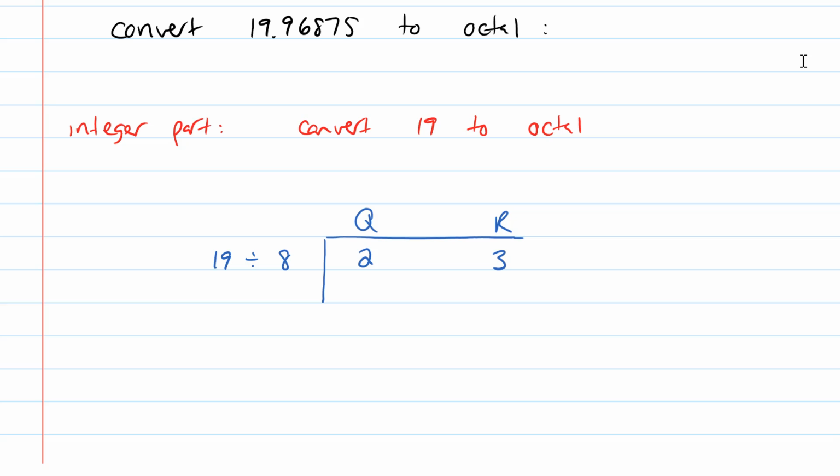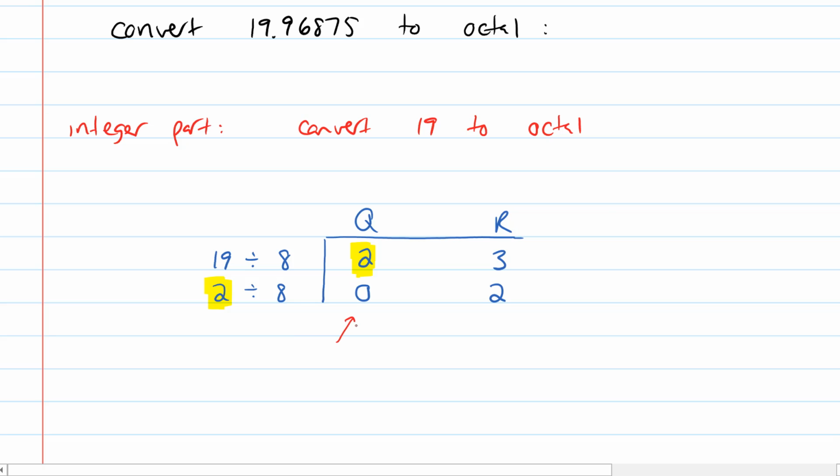You should never have any fractional or decimal entries in either of these columns. Then take the quotient, the 2, and write it over here to the left. That's the thing that we're going to divide by 8 again. And if you divide 2 by 8, you get 0 with 2 left over.